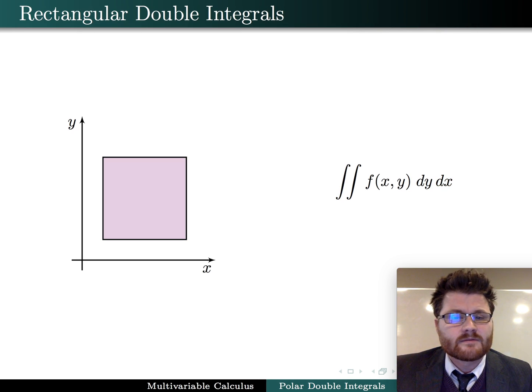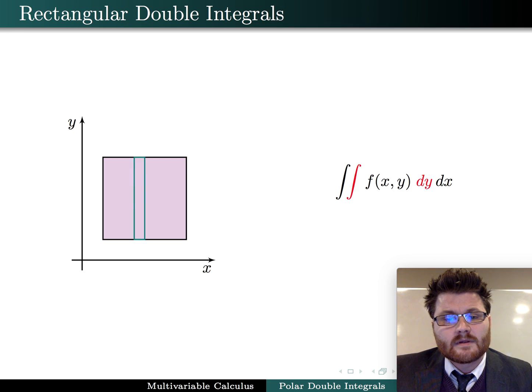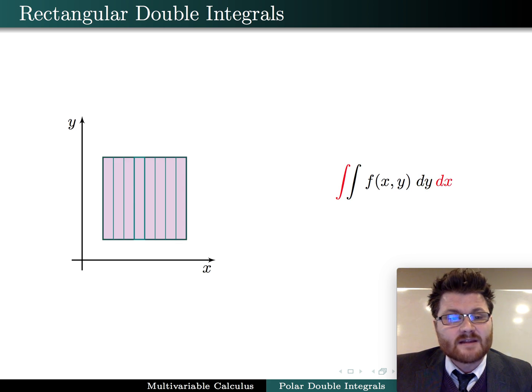Or alternatively, for the nice functions that we talked about for which you can reverse that order of integration, integrating first with respect to y gives me from some minimum y value to some maximum y value for some constant x, and then we integrate again with respect to x to add all those up.